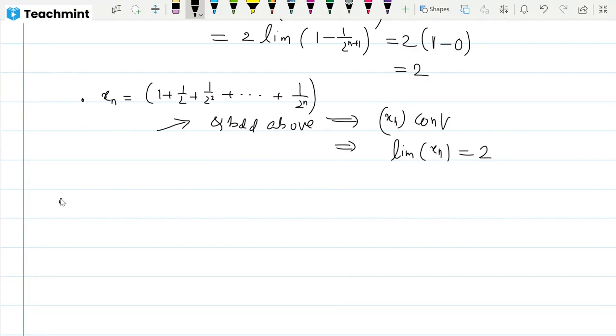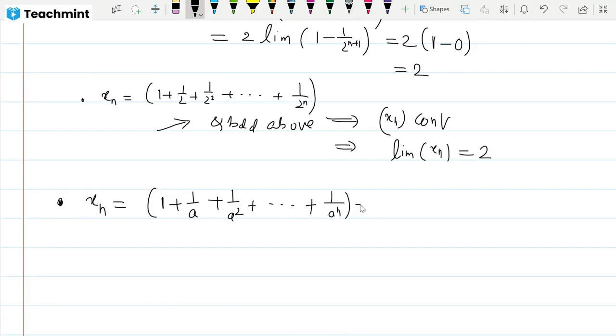And here there is nothing special about 2. In place of 2 you can take any real number and we can talk about the convergence and divergence of the sequence. So I am taking 1 plus 1 by a plus 1 by a square plus so on plus 1 by a power n.